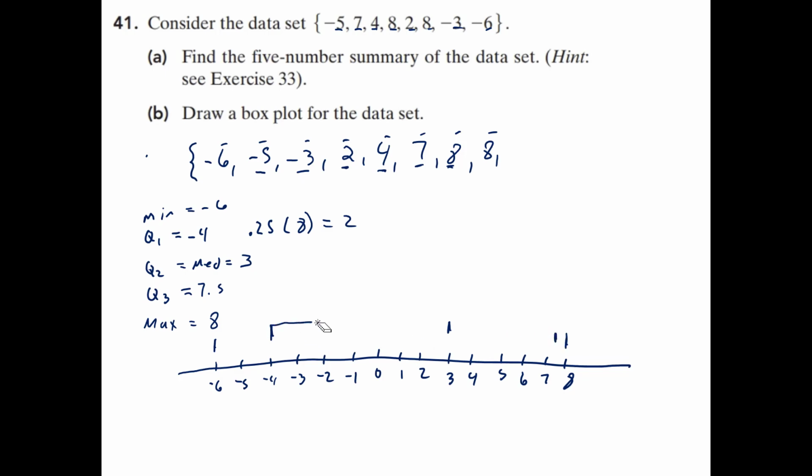I draw a box connecting these 3. And then I draw whiskers connecting the Q1 with the minimum and the Q3 with the maximum. And that is my box plot. That's how you draw a box plot.